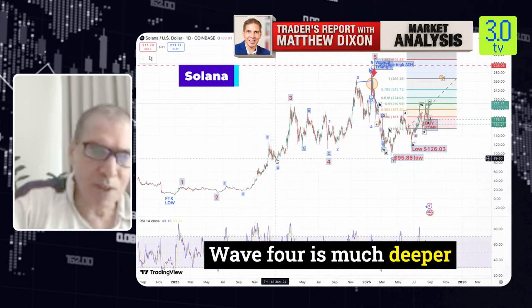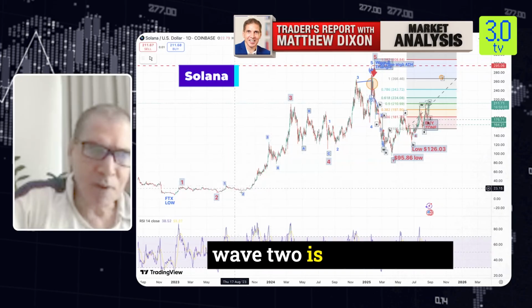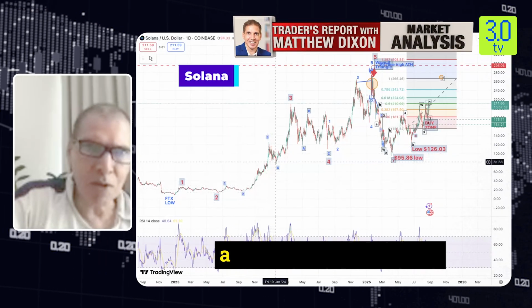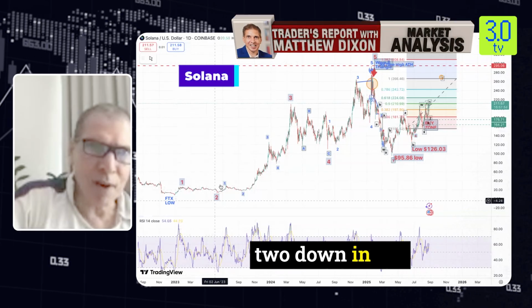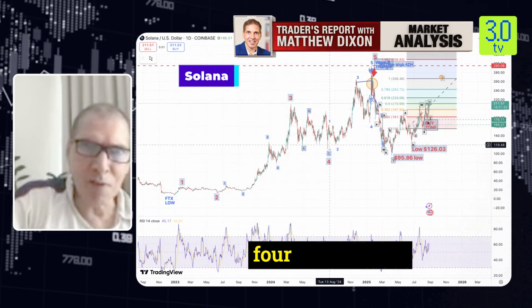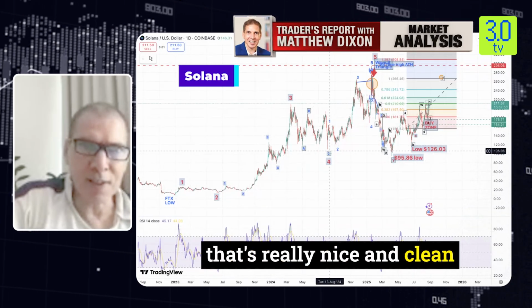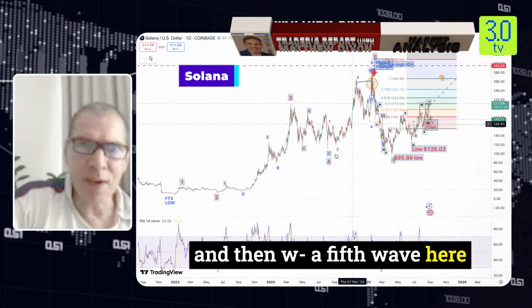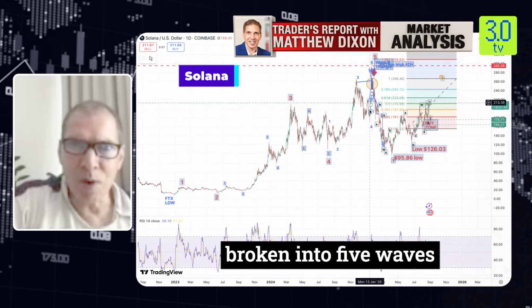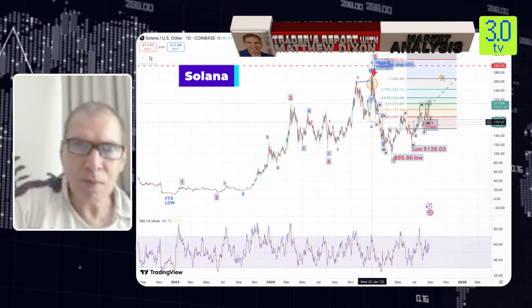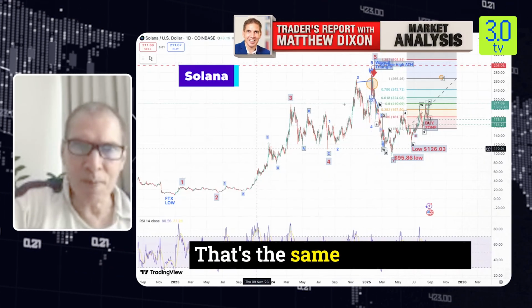Wave 4 is much deeper. Wave 2 is very shallow. There's quite a good alternation there. So we've got wave 1 up in red, 2 down in red, 3 up in red, ABC, 4 down in red. That's really nice and clean. And then a fifth wave here, 1, 2, 3, 4, 5. Again, broken into 5 waves where we don't have wave 4 overlapping wave 1. That's the same in both cases.